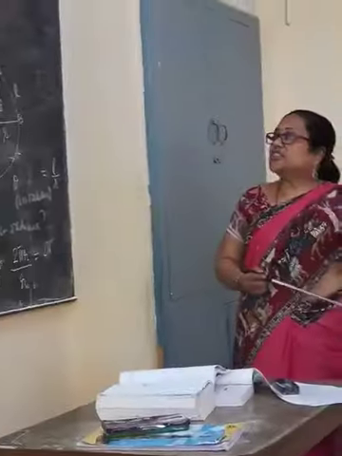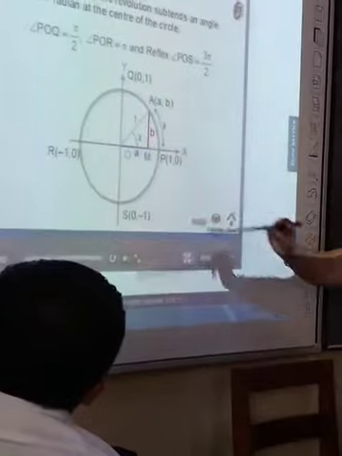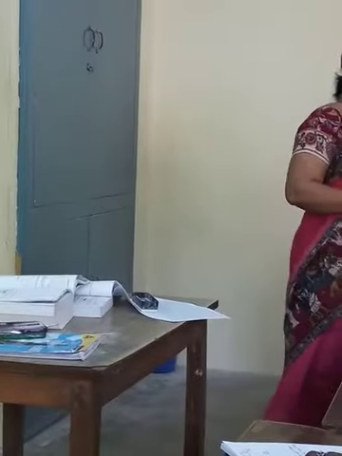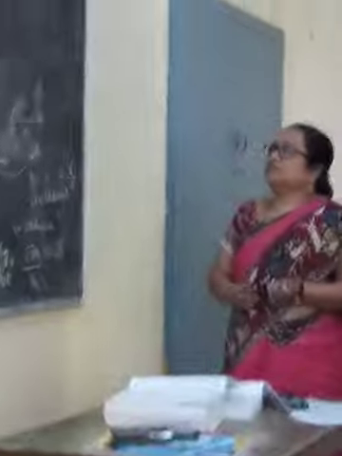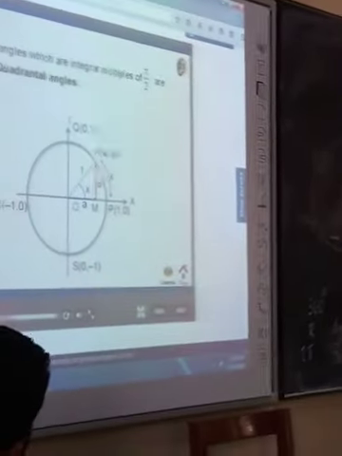And what is reflex POS? If I say reflex, then you are looking at the remaining angle, right? What is that angle? Reflex angle, which is 270 degrees. All the angles, which are the integral multiples of pi upon 2, are called quadrantal angles.